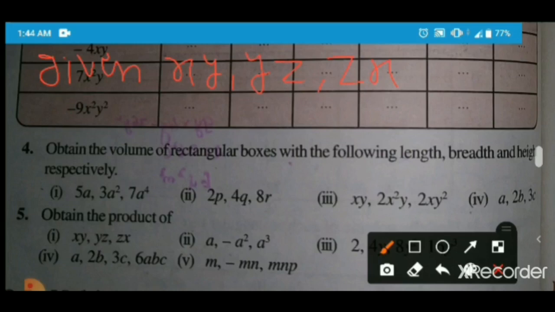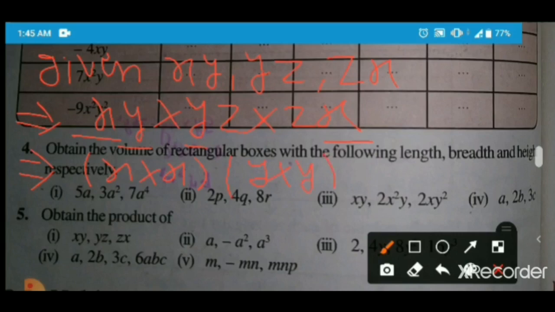To obtain the product of this we can write the given terms like this: xy multiplied by yz multiplied by zx, or it can be like this: it is x, so x into x in one bracket, then this is y, y into y in one bracket. Now this is z, z into z in another bracket.